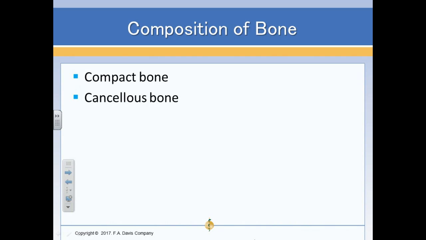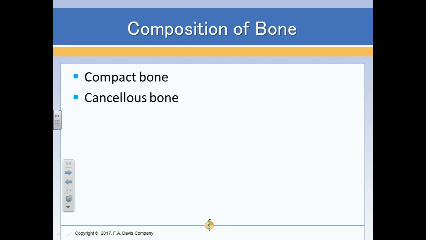So what compact bone does is it makes up the hard, dense outer layer of all the bones. Okay, so the compact bone is what makes it hard. Okay, the cancellous bone is the porous, spongy bone inside. And that has trabeculae, which means little beams. And it's like a lattice work.